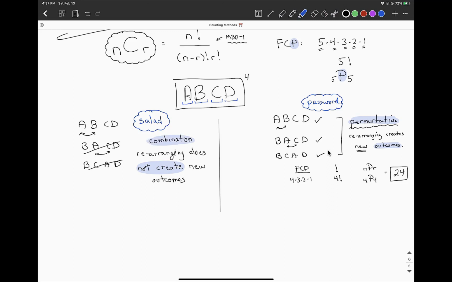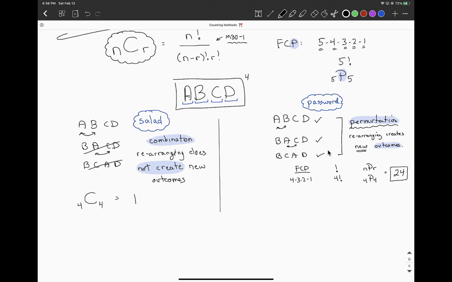And a combination definitely has a much smaller amount of outcomes. In fact, from 4 ingredients, we are merely selecting, but not arranging, all 4 of those ingredients. Well, you can try and move them around all day, or you're just creating one salad.